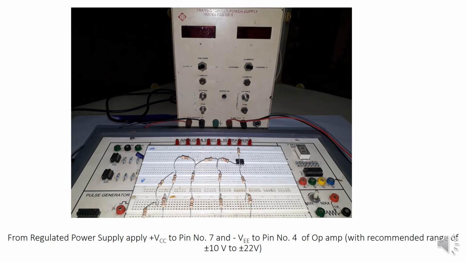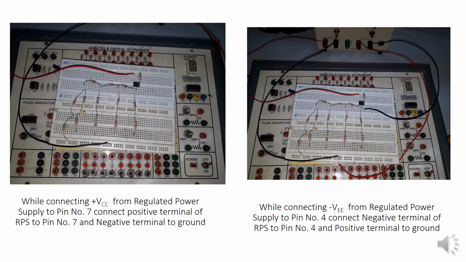Hence, we should make sure that the supply voltage will always be greater than the expected output from pin number 6. Okay, that you should remember before applying supply voltage.